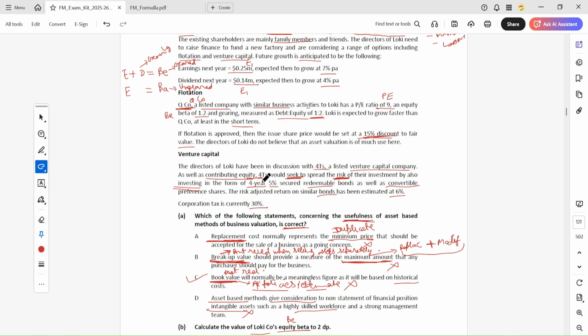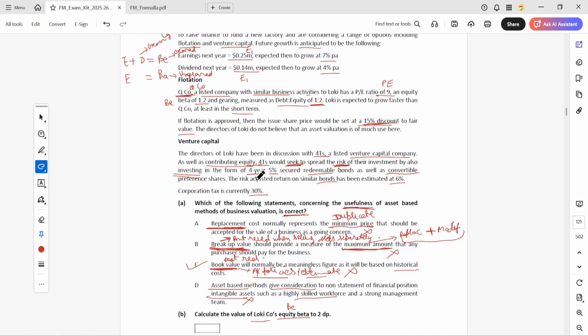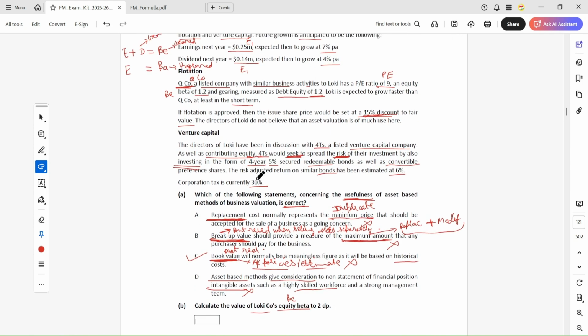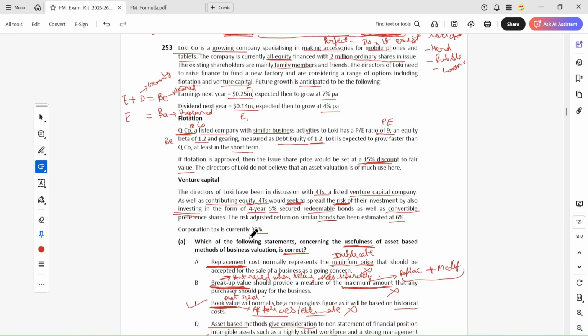Now we have to calculate the equity beta of Loki company. We have to ungear this company, because the equity beta is given.